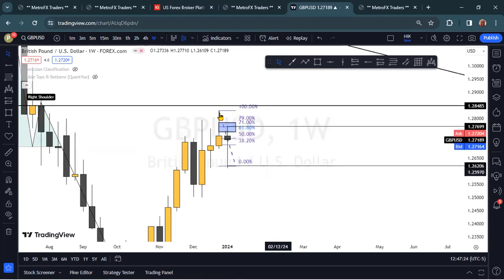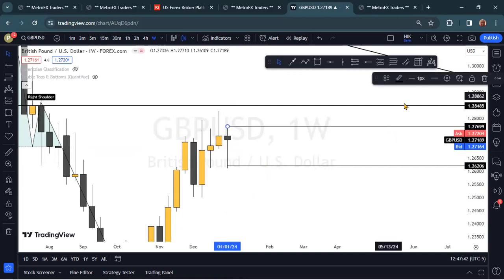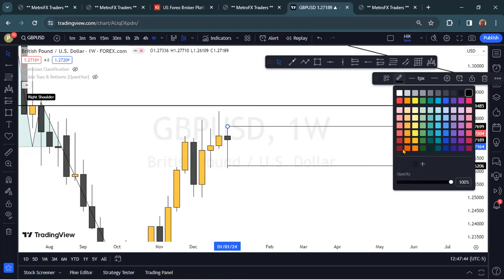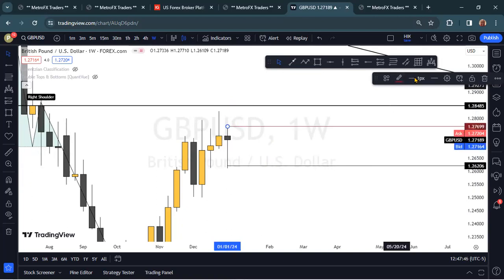we put a line, delete this here, delete that. We're going to put a line on top of the weekly, the top of the top, and the bottom of the bottom. So these two lines that we put on the weekly, change the color, make it red, make it thicker if you'd like.